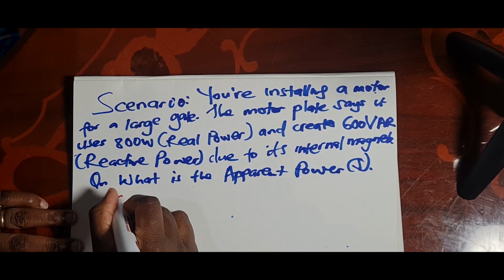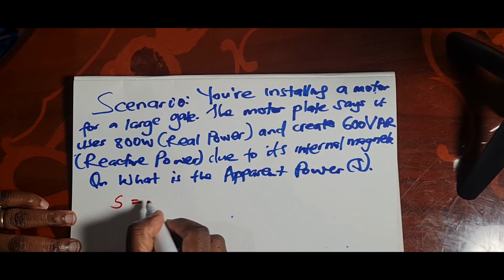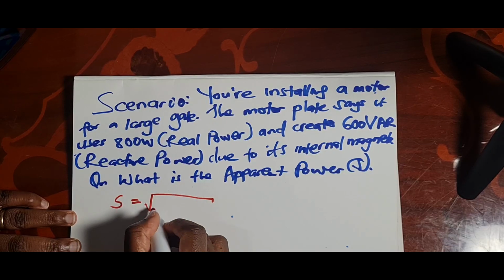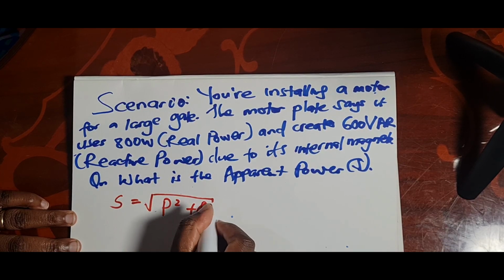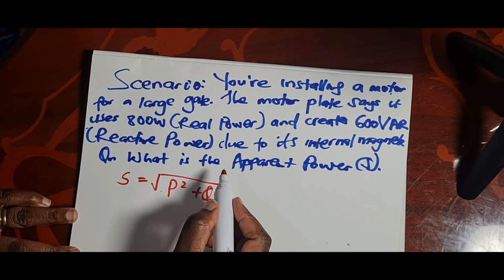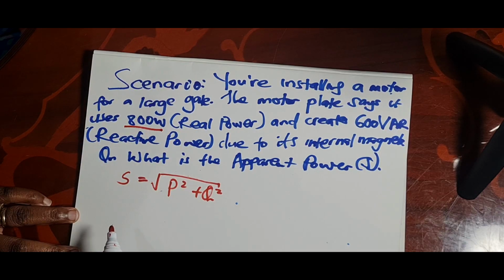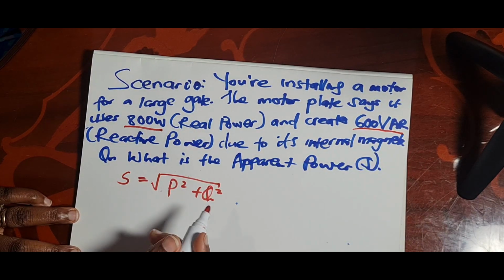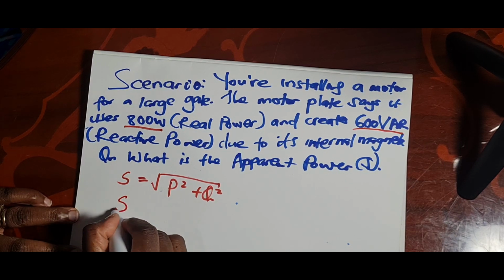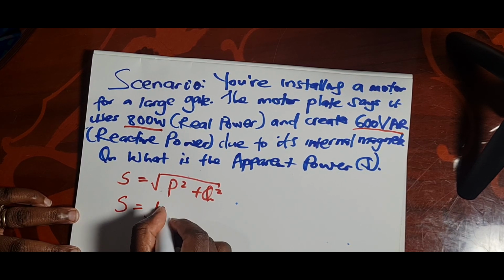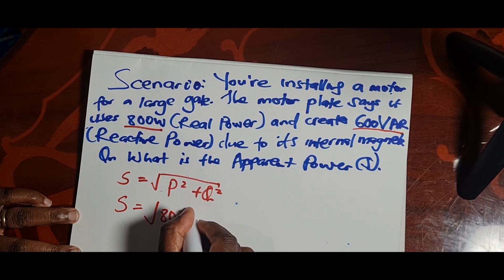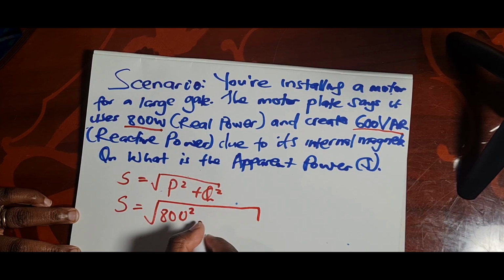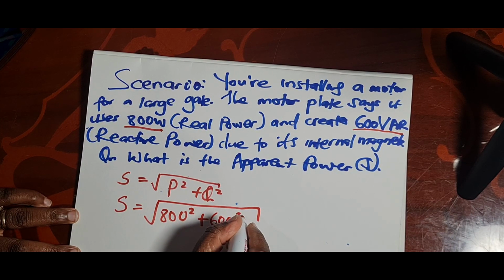So we saw that S is equal to the square root of P squared plus Q squared. We already have 800 as our real power, and 600 as our reactive power. So S will equal the square root of 800 squared plus 600 squared.